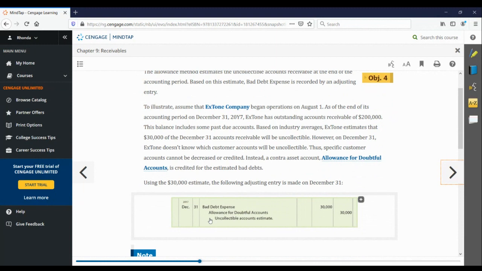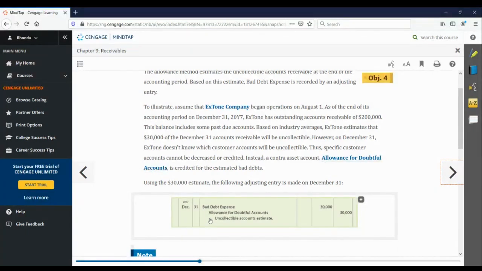So we're going to create an adjusting entry that would go with our other adjusting entries at the end of the accounting period, such as our accruals and our deferrals that we talked about in a previous chapter, our depreciation expense, all those adjusting entries that we learned about.